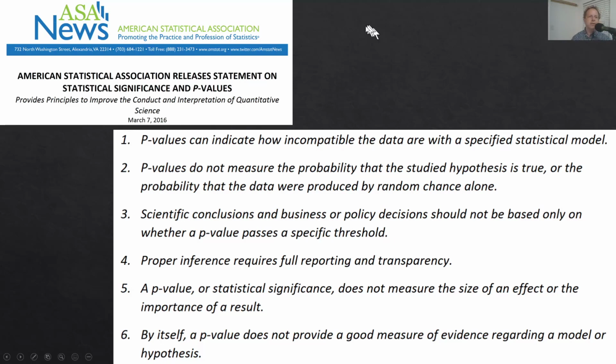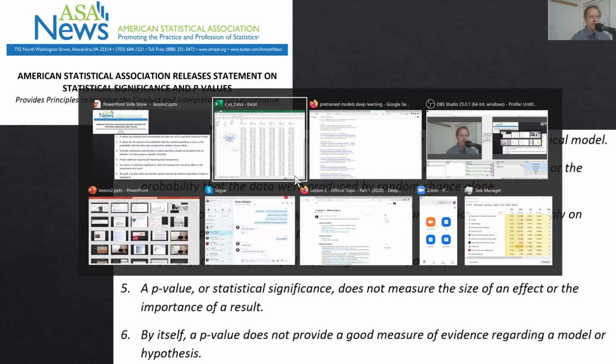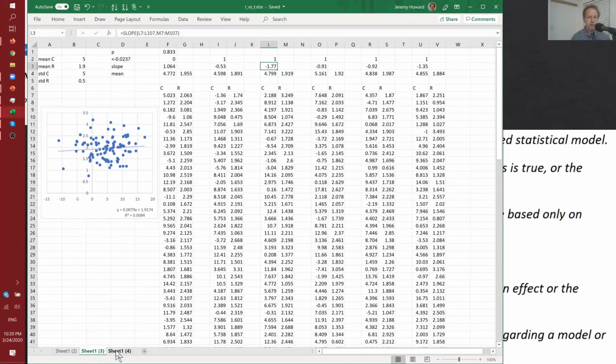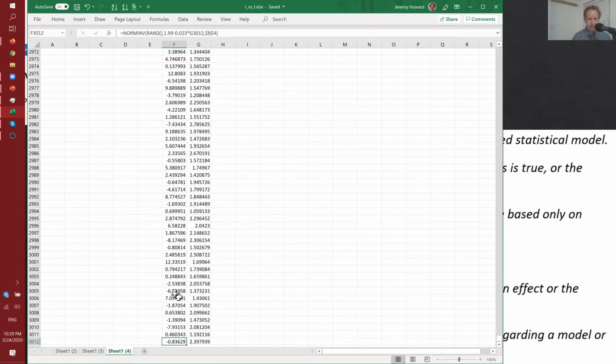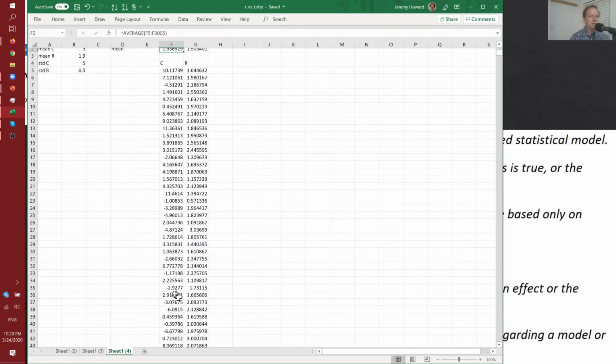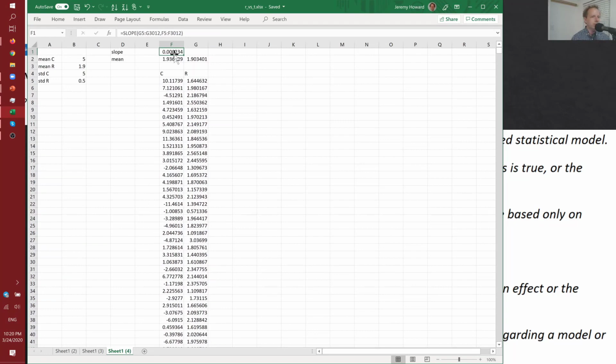Don't just trust me, trust the American Statistical Association. They point out 6 things about p-values, and those include p-values do not measure the probability that the hypothesis is true, or the probability that the data were produced by random choice alone. Now, we know this because we just saw that if we sample 3,000 random cities rather than 100, we get a much smaller value, right?